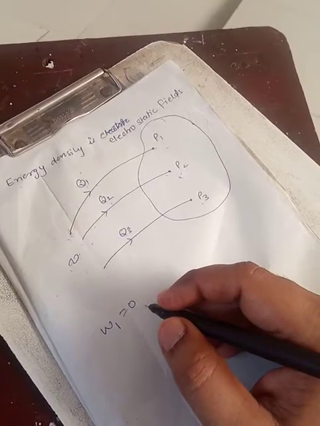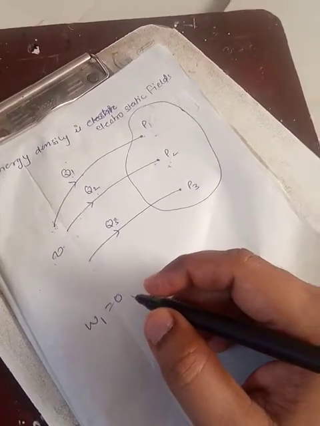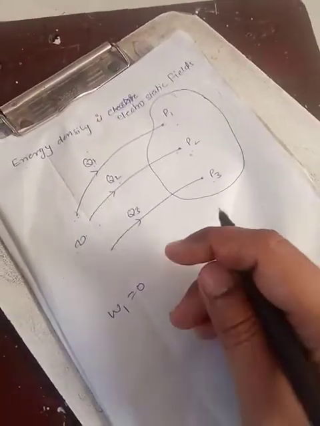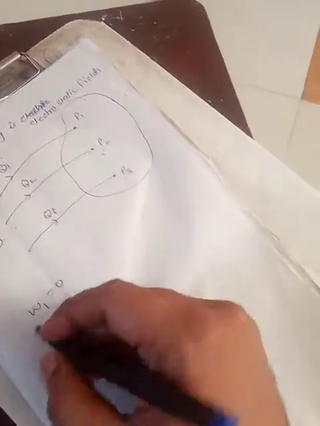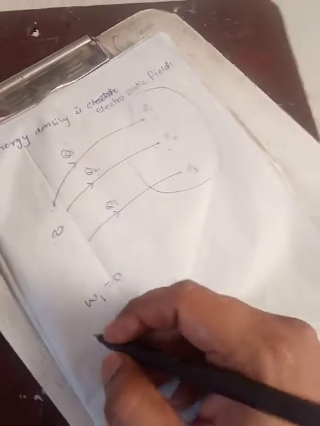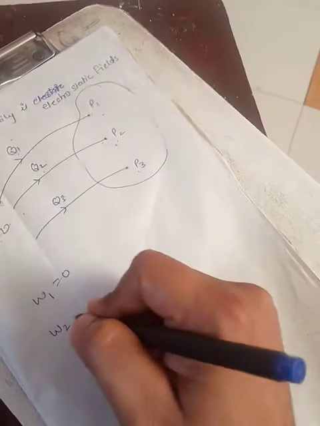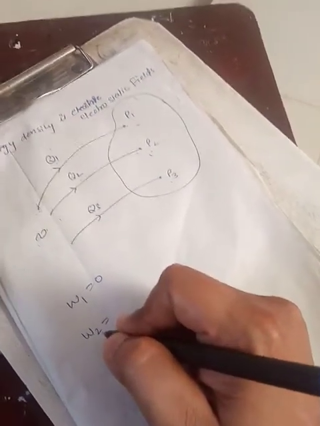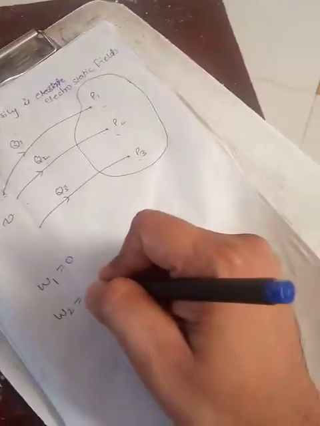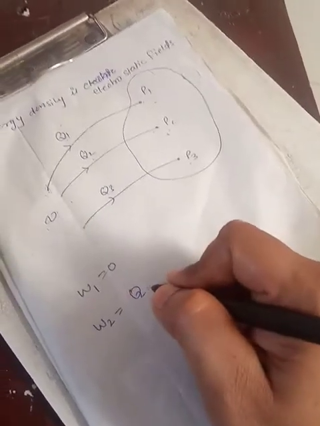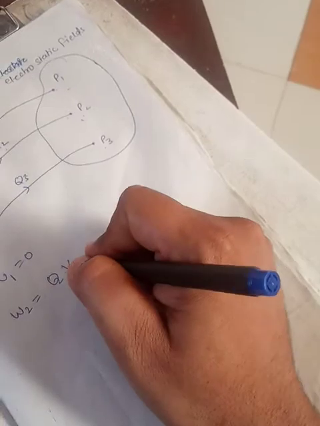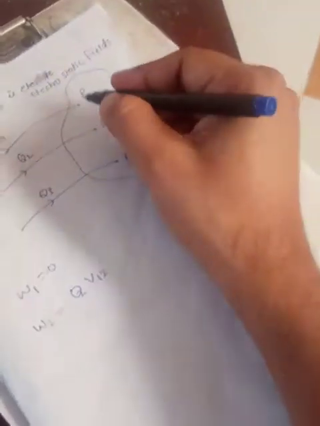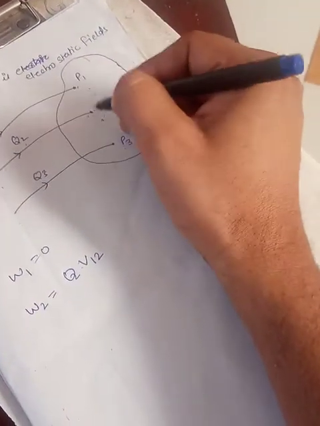The work required to transfer Q2 from infinity to P2 is equal to the product of Q2 and the potential V21 at P2. So the total work done, W2, will become the charge Q2 into the potential V21. So how much potential is between 1 and 2?